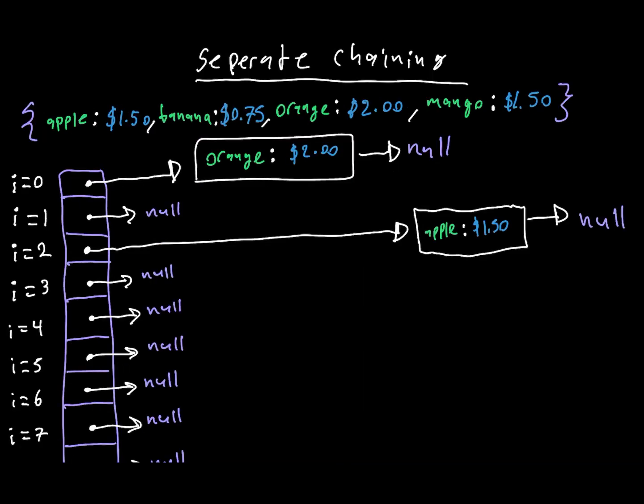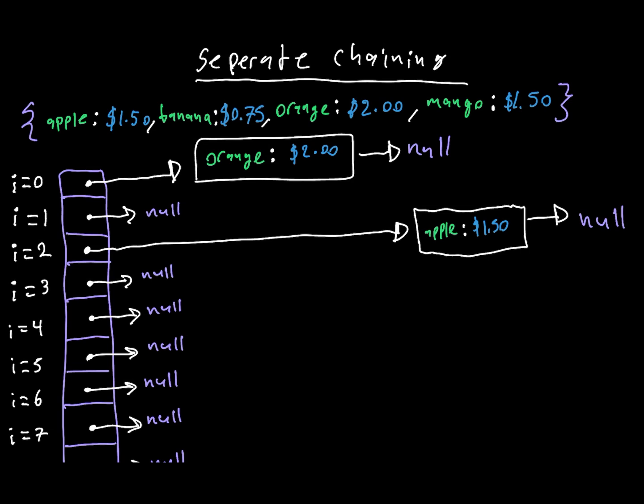There are two ways to address collisions, either using separate chaining or open addressing. For separate chaining, what we do is add an index. Instead of storing a single key value pair, we store a linked list where each node in the linked list contains a key value pair that is associated with that index, right?